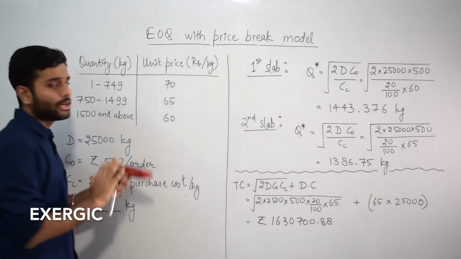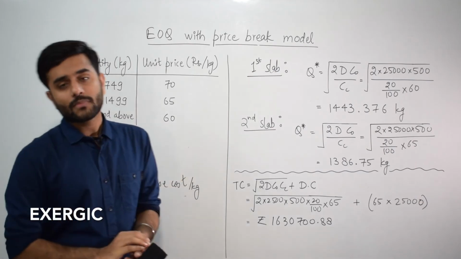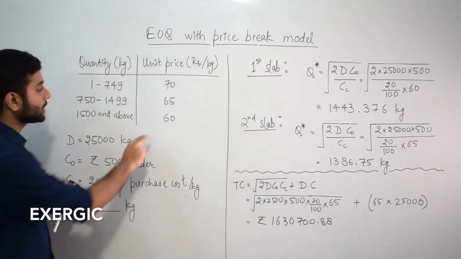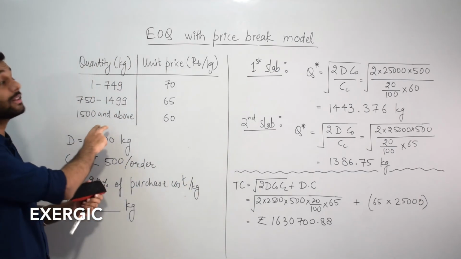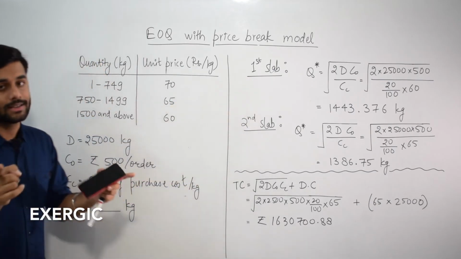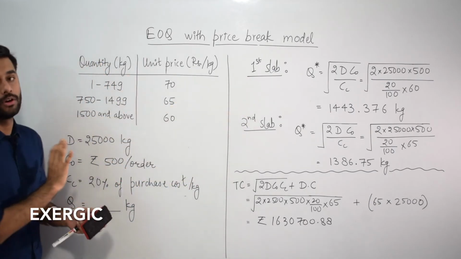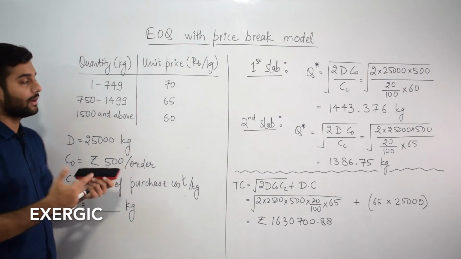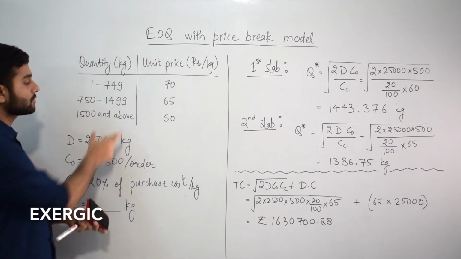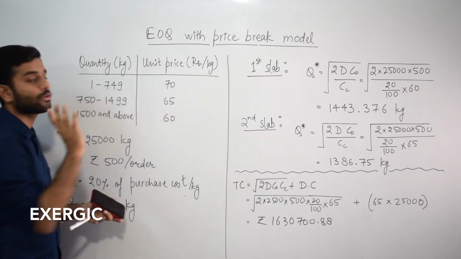Now look, I have already told you how to solve that question. Always start from the bottommost slab. We will call that the first slab, but it is actually the bottommost slab of the highest quantity. Let's name it the highest quantity slab. You have to start from there.